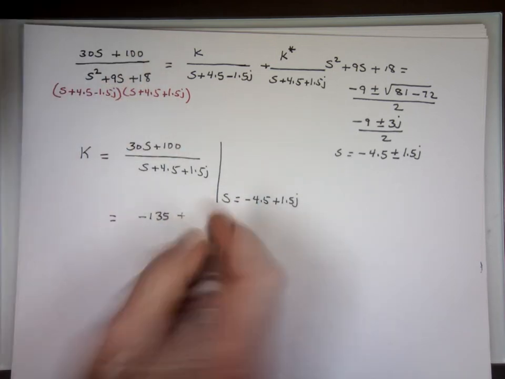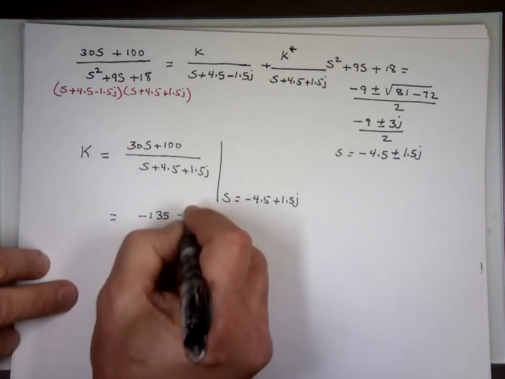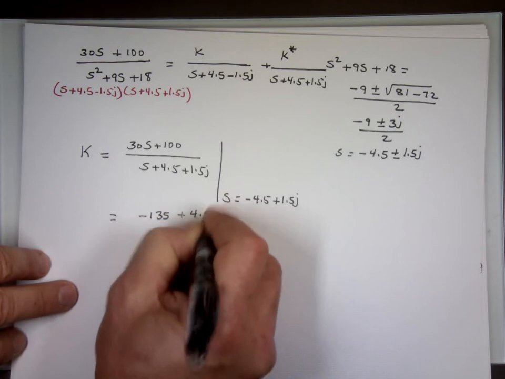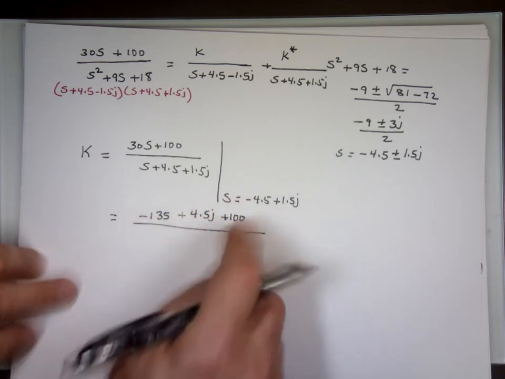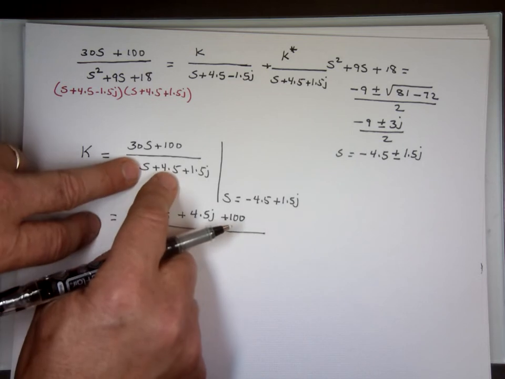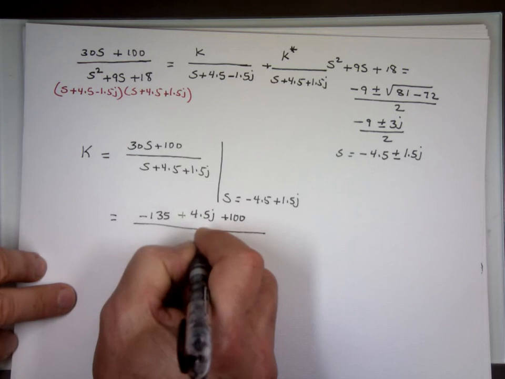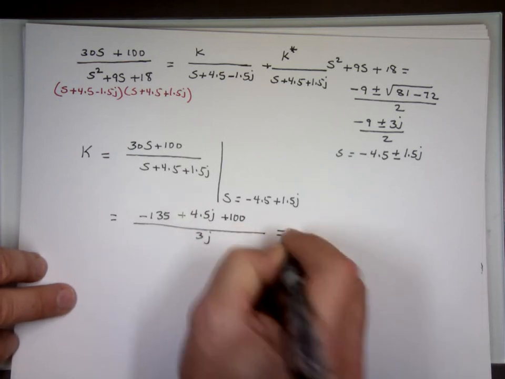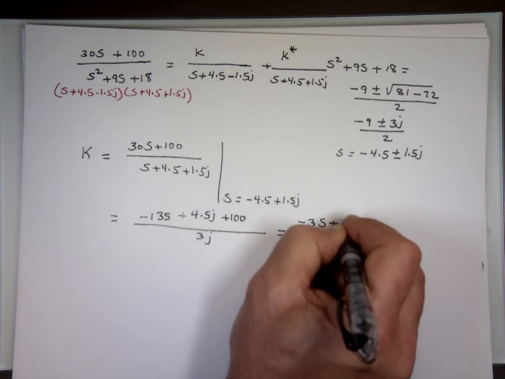Is that 45? When s equals negative 4.5, that cancels the plus 4.5, and we have 1.5j and 1.5j. So that's equal to what? Negative 35 plus 45j over 3j.